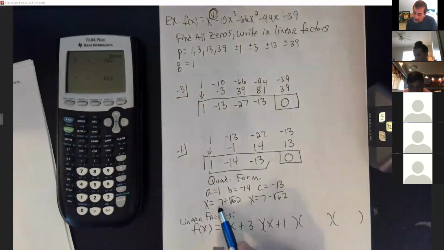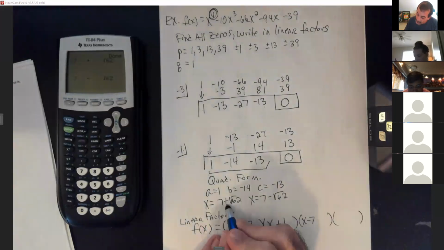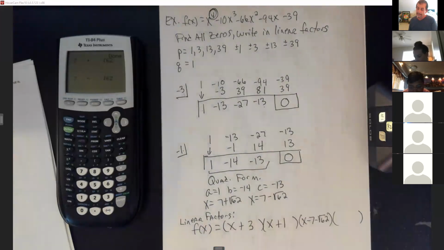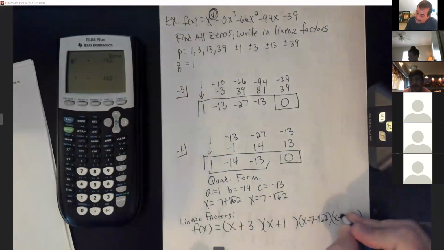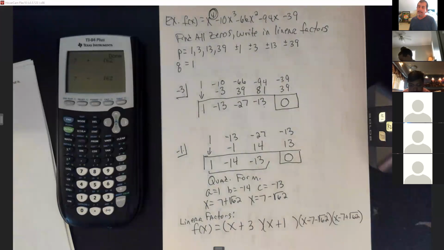And on these, we're going to change the sign of the 7, so that's going to give me x minus 7, and change that to a negative square root of 62. So I change both the signs. And on this one, I'm going to change both the signs, so I get x minus 7 plus square root of 62. That looks so weird.